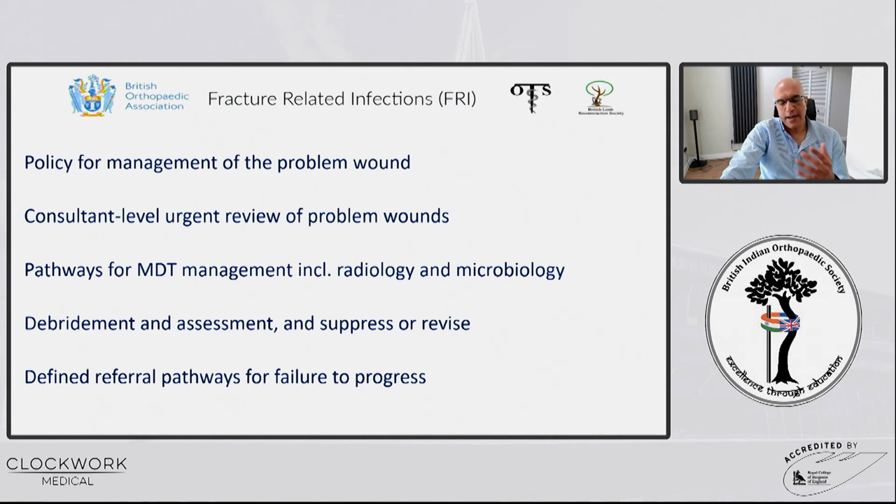Please, based on the guidelines, based on the patient host, based on the type of implants you have, consider suppression or revision, and every network should have a good defined pathway for failure of these patients to progress with suppression or revision in the treating hospital.